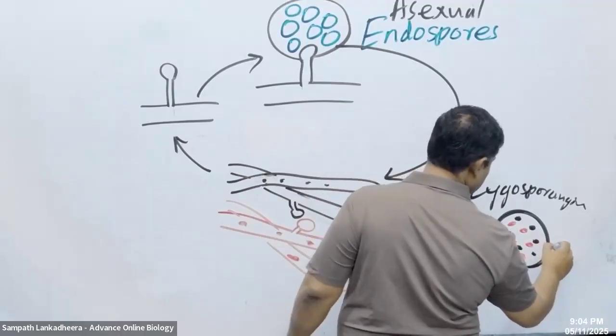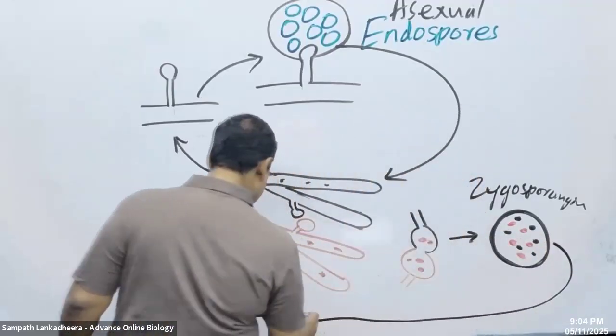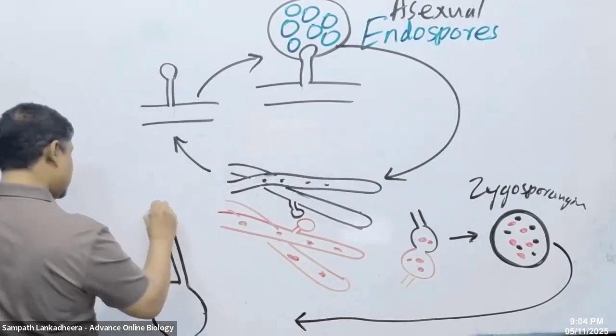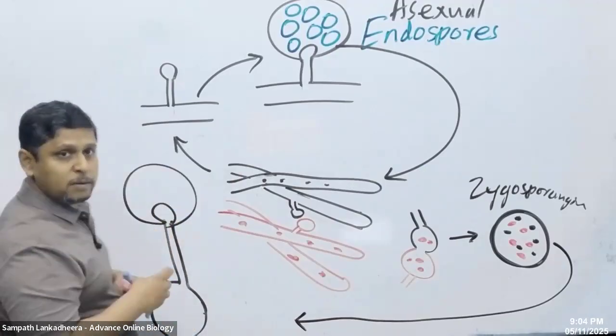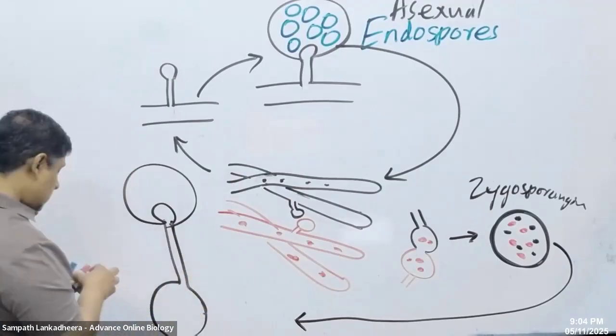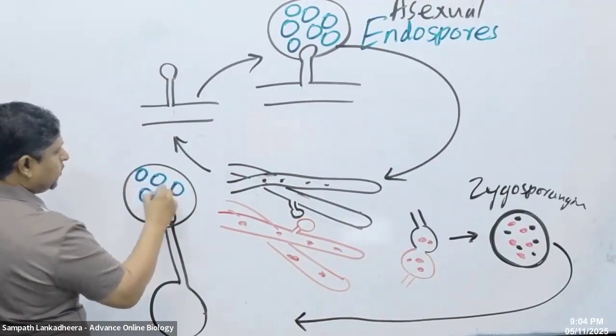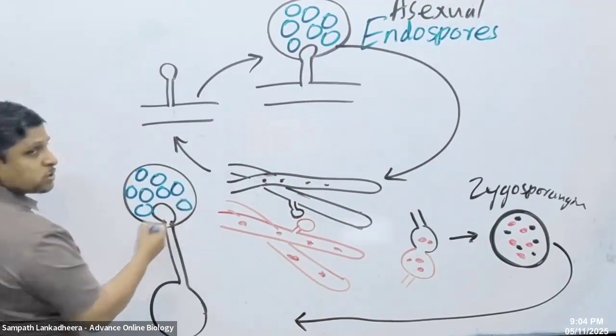Later it germinates, forming a new sporangium. And once again, people, like before, spores are going to form inside. These are sexual endospores.